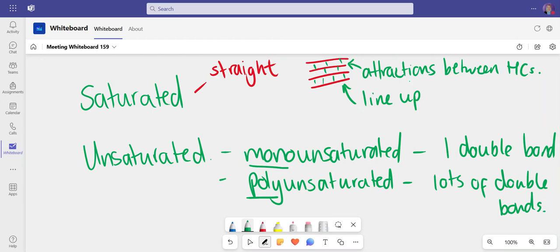And you need a lot of energy to overcome these attractions that form between them. And this gives them a high melting point. So they have a high melting point, which means that they are usually solid at room temperature. So something like butter is a saturated fat.